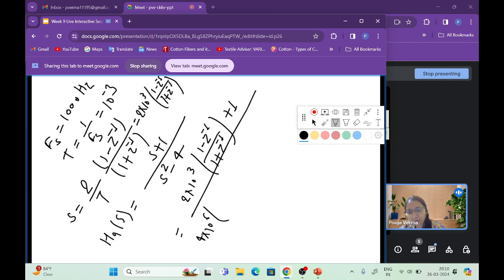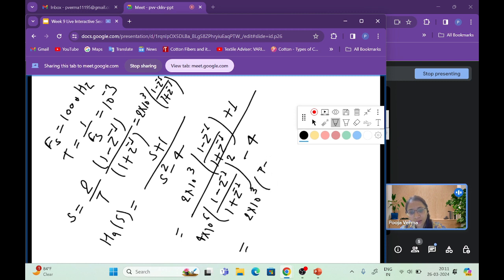Here I am taking it out from here: (1 minus z inverse) divided by (1 plus z inverse), whole square, minus 4.